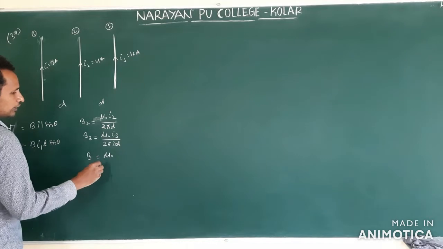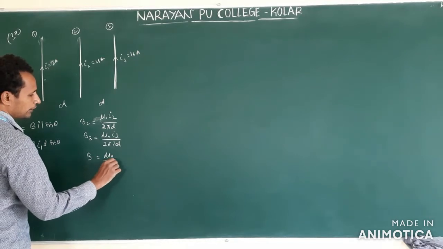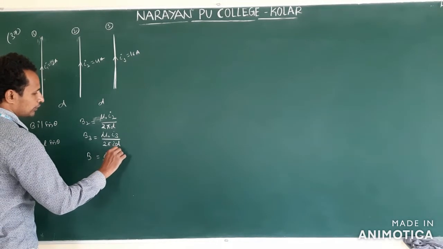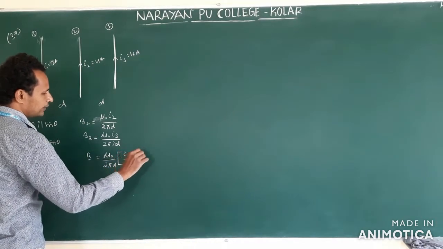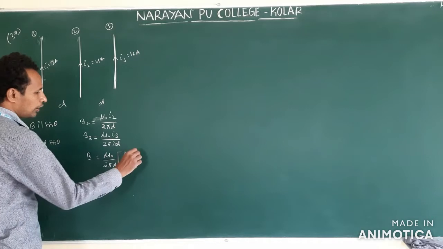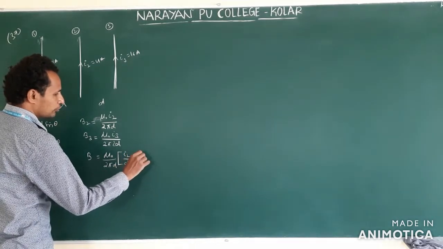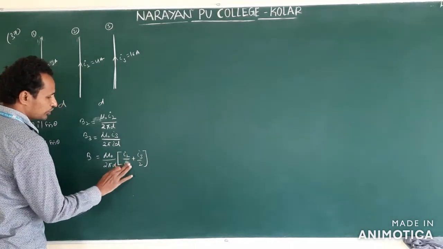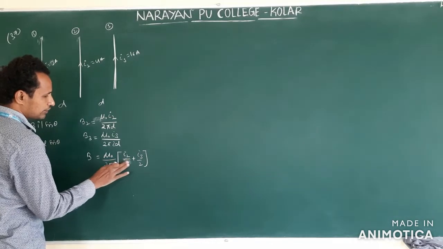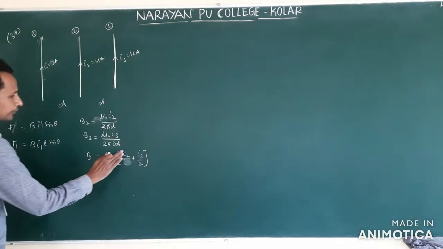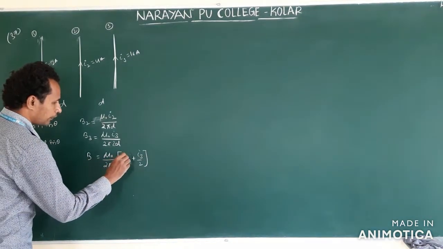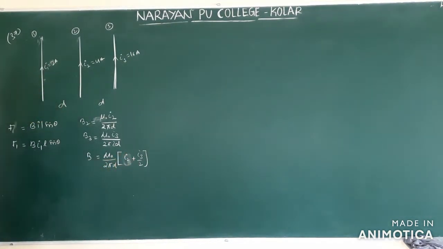Mu naught by 2 pi d is common. We get I2 plus I3 by 2. Clear?